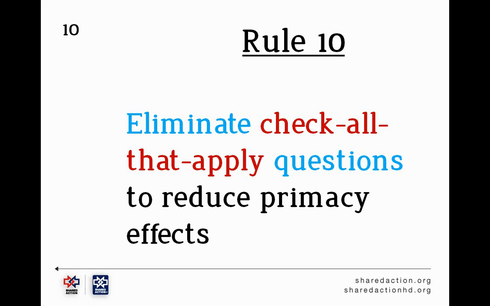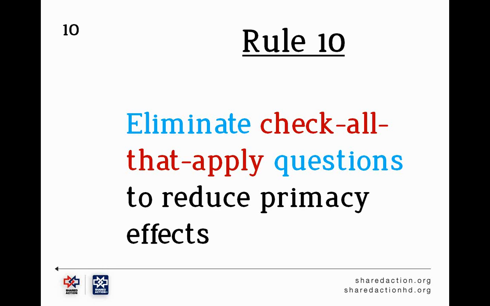Frequent examples are, which of the following places do you visit? A bar, a bathhouse, et cetera. Primacy effects are really just priming, and to make it really simple to understand, it primes your participants to remember more easily the beginning options instead of the latter options.